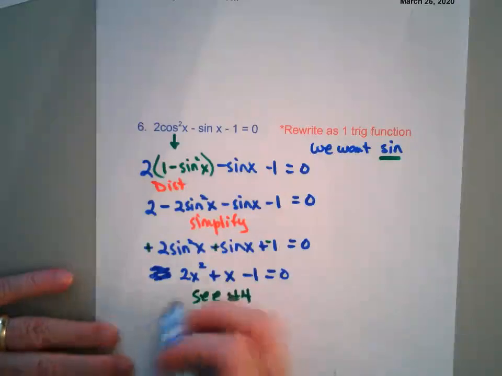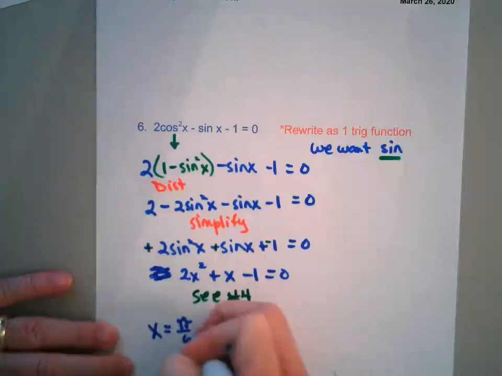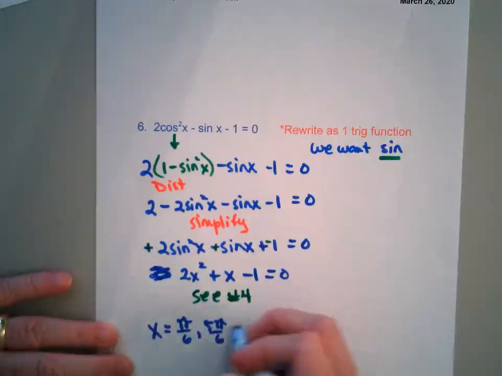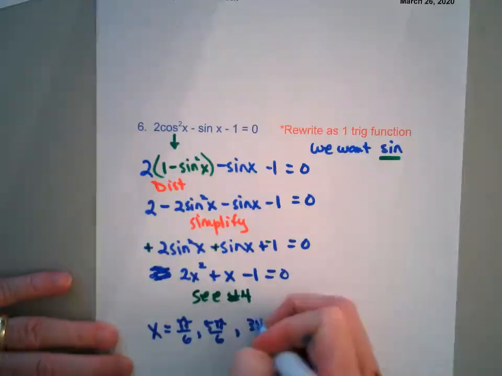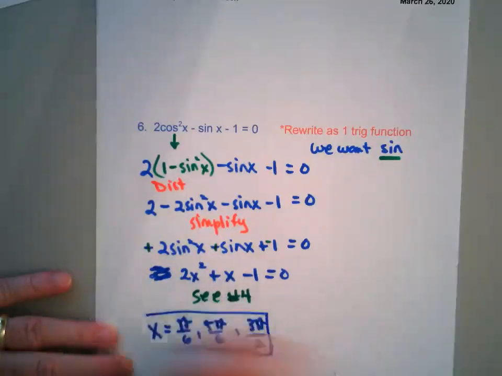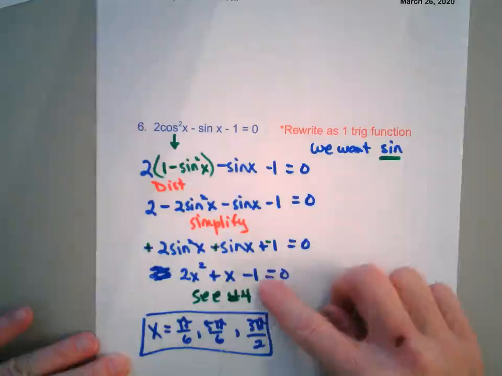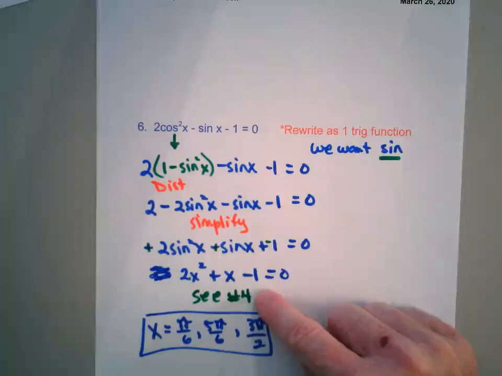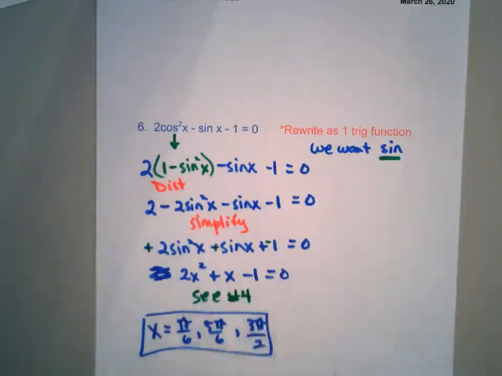And then our answers are x equals pi over 6, 5 pi over 6, and 3 pi over 2. Because once we got down to here, we have the exact same problem that problem number 4 was. So there was no reason to go back and do all that work again. We had already done that problem. So there's that. Okay, that's solving equations.